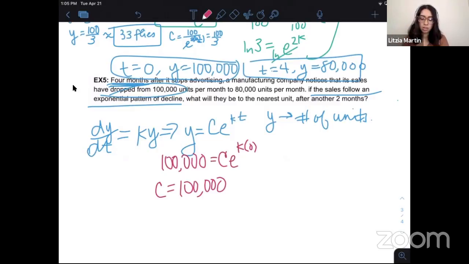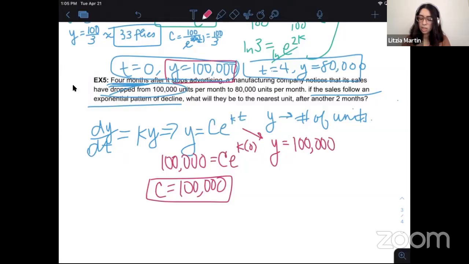So there we go. We should have known that since we knew initially we had 100,000. But anyways, so now we know C. We need to figure out what K is. So that becomes y is equal to 100,000 e to the kt.